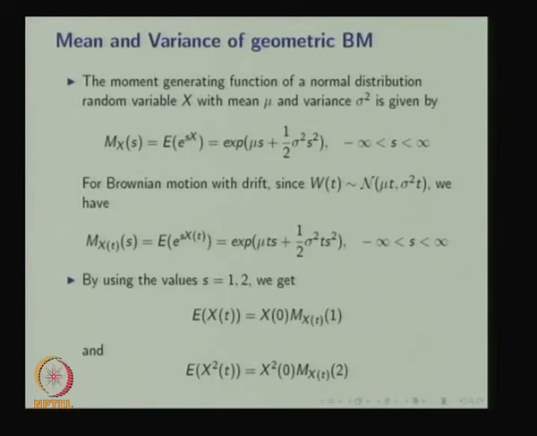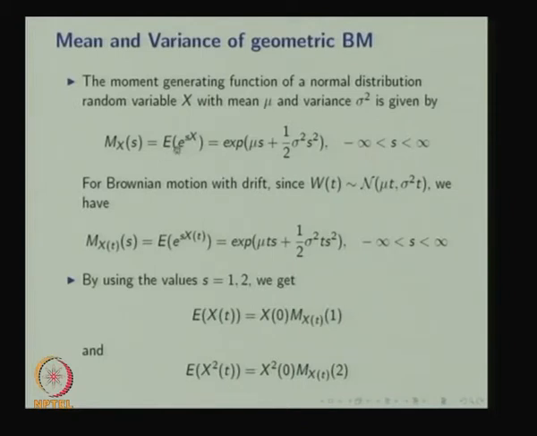The moment generating function of a normally distributed random variable X with mean mu and variance sigma squared is M_X(s), a function of s, that is the expectation of e to the power s times X. This expectation exists because the random variable X is normally distributed, so the moments of all orders exist.